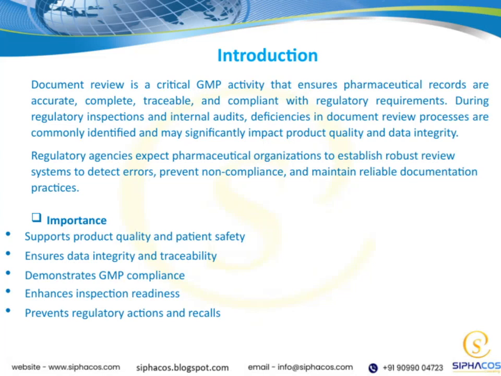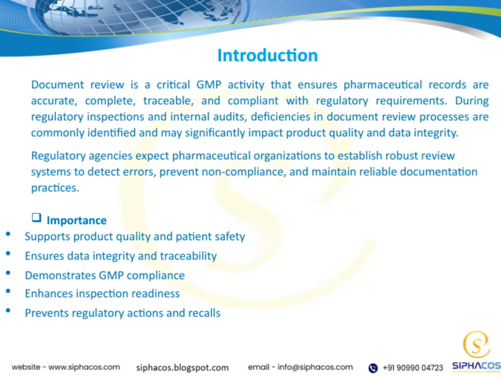Let's talk about the introduction to document review. This is a critical activity within good manufacturing practice, or GMP, because it helps ensure that pharmaceutical records are not only accurate but also complete, traceable, and compliant with regulatory requirements. When regulatory inspections or internal audits take place, deficiencies in how documents are reviewed often come to light.